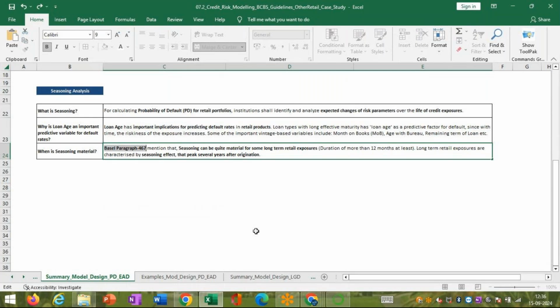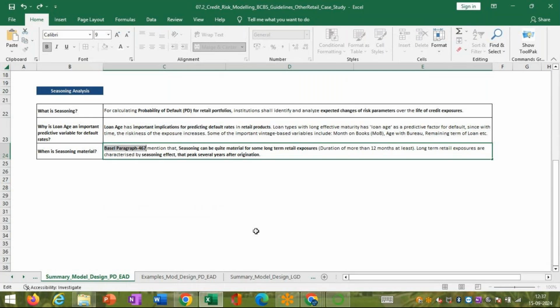Basically, what we were doing is plotting the month on books and the default rate alongside each other, and trying to see the point where the curve tips off.